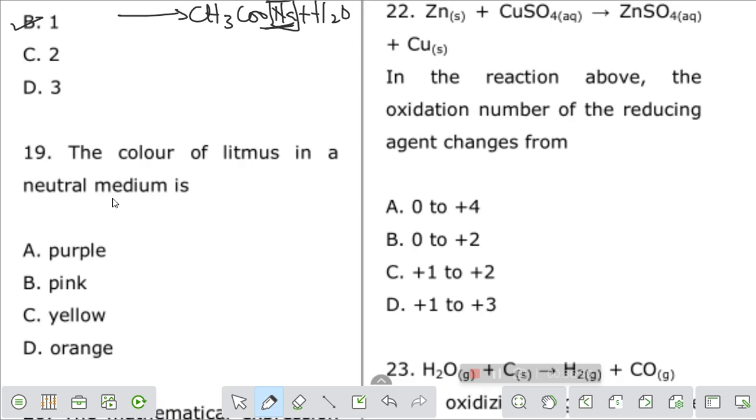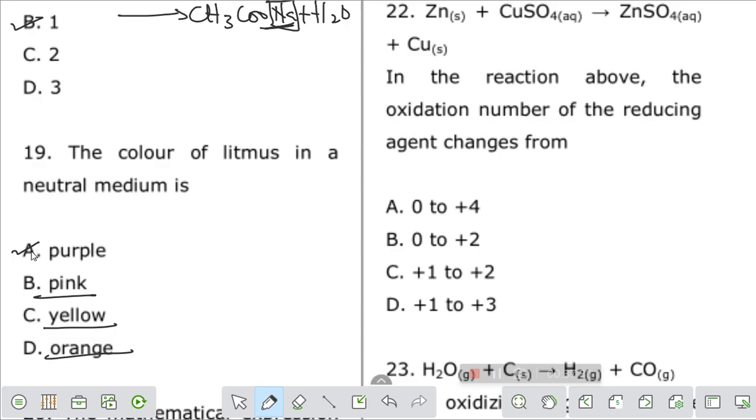What is the color of litmus in a neutral medium? Is it purple? Is it pink? Is it yellow? Is it orange? The answer is purple.